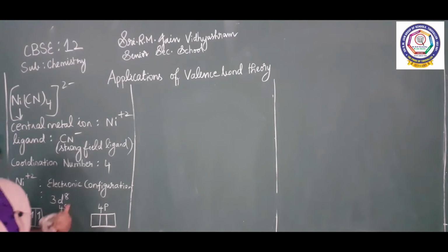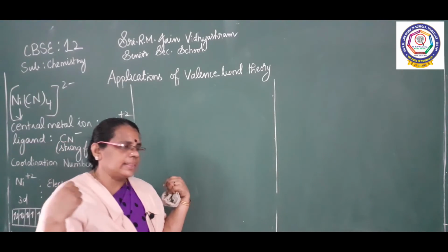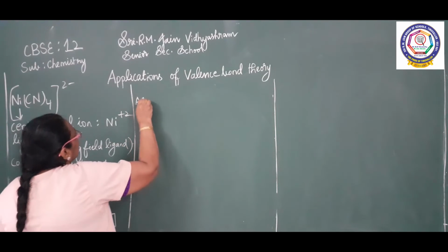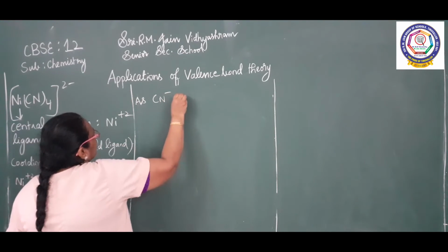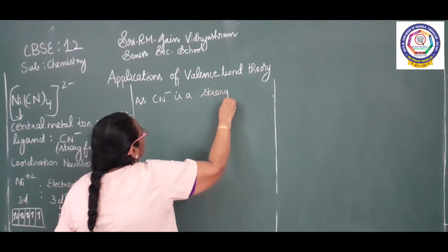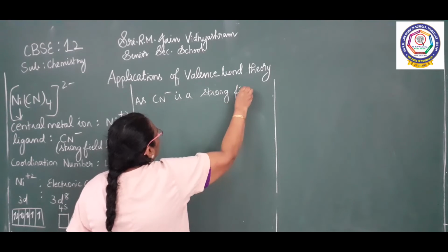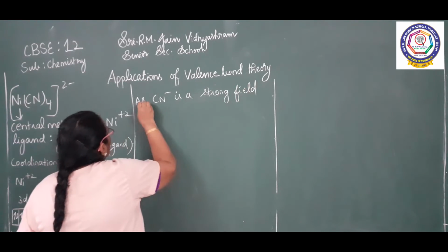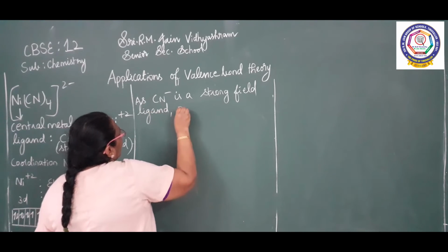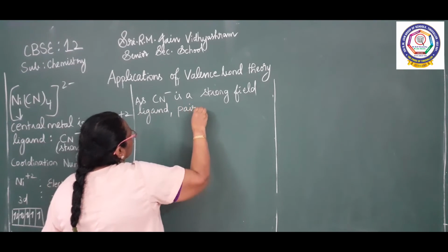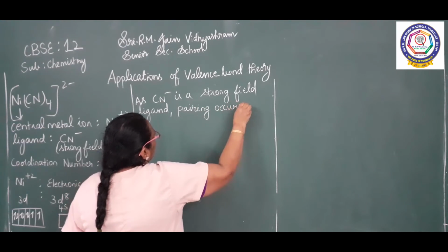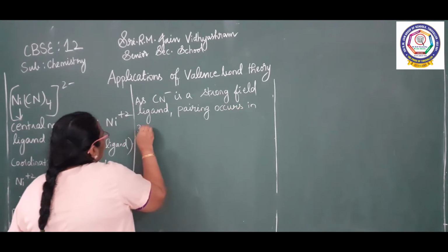So totally I filled 8 electrons in the 3d orbital. Now next step, as CN minus is a strong field ligand, pairing occurs in the 3d orbital.